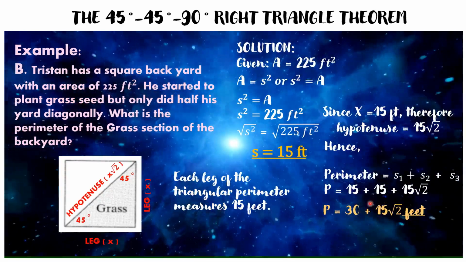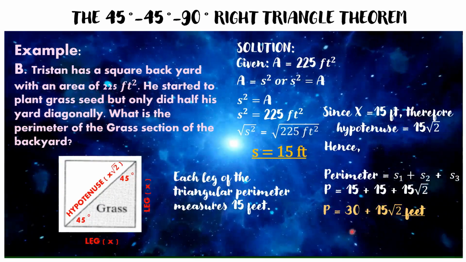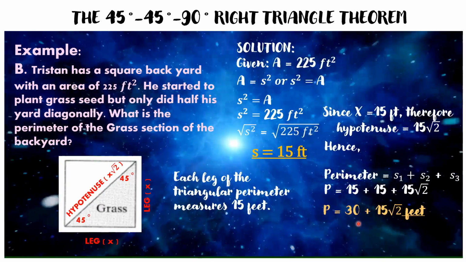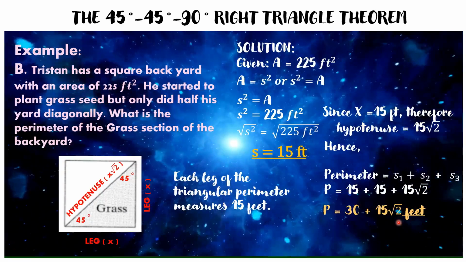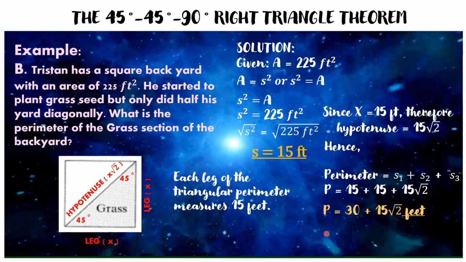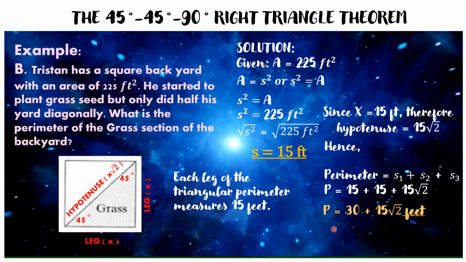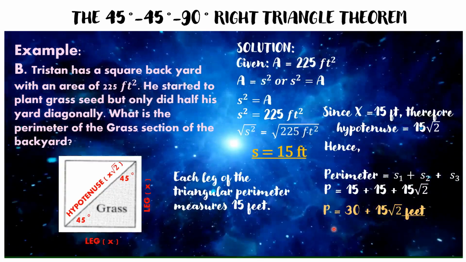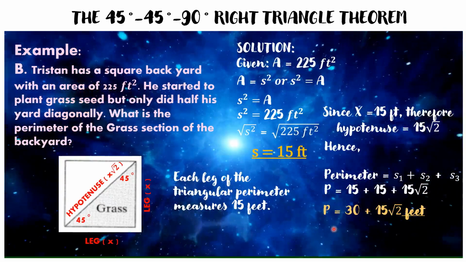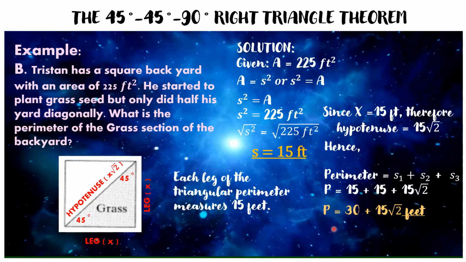Hindi po pwedeng i-add natin si 30 kay 15 square root of 2, kasi po, dissimilar po sila. Kasi ito si 15, meron siyang square root of 2. Ito po, hindi po siya radical. So, ang perimeter of the grass section of the backyard of Tristan is 30 plus 15 square root of 2 feet.